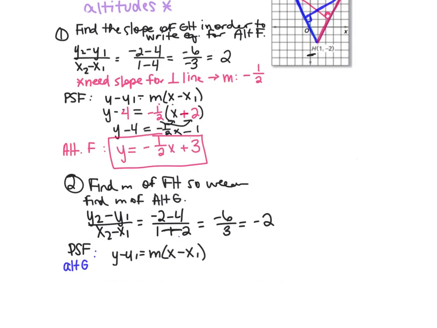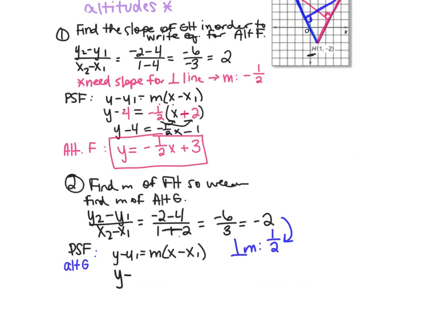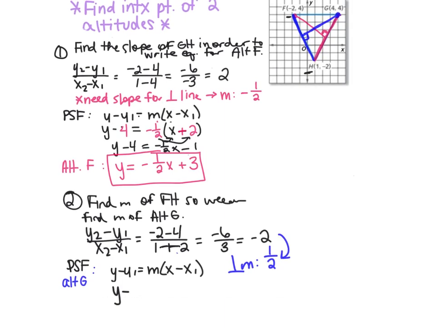So now that we have our initial slope, we need to find the perpendicular slope. Okay. Perpendicular slope, which is opposite reciprocal, or 1/2. Okay? So we plug this information in now. Right? Y minus our y1 is 4, because we're using point G, equals 1/2, my new slope, x minus 4.